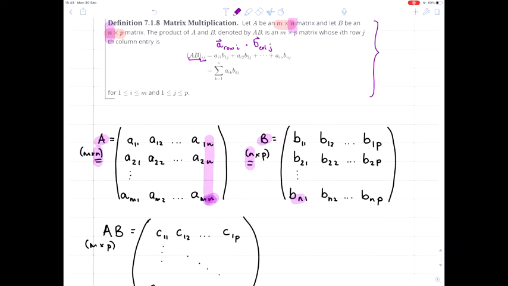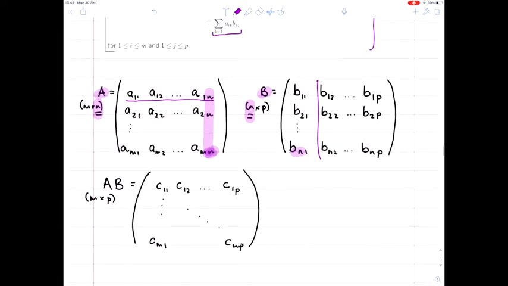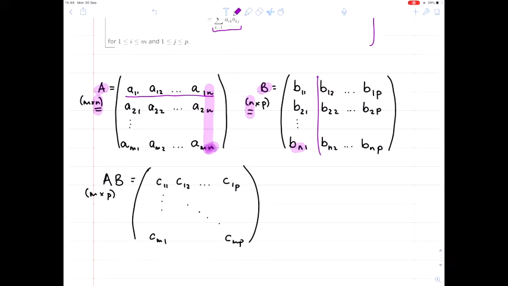And now you see why it's important that the rows and the columns match up. Because row i of A will have n entries, because each row of A has n entries, and column j of B will also have n entries, and so we can find the dot product. If we write that dot product out, then it just looks like this, and you could also use summation notation. But it goes more simply if we think about it like this.